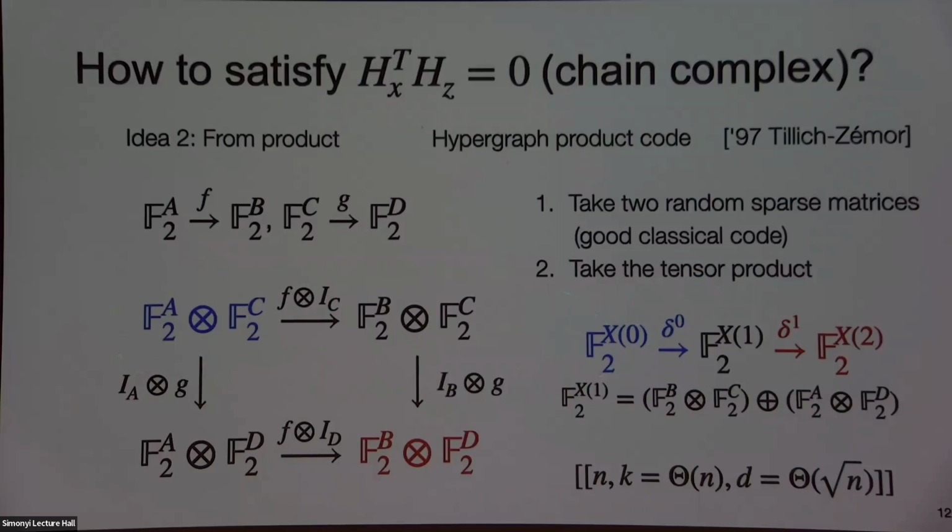And x2 corresponds to B times D. And the vector space in between will be the direct sum of the two on the opposite ends. So B times D is the product of the edges of the two graphs, like all the squares. And A times D and B times C are the horizontal edges and the vertical edges.